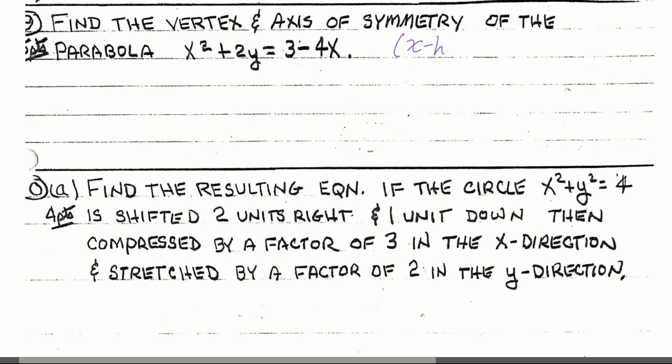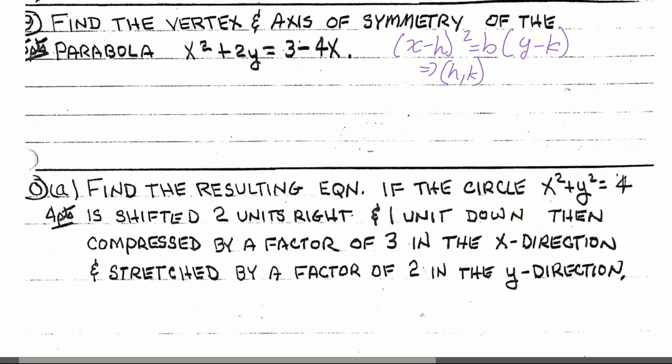x minus h squared equals some constant we can say is b times y minus k. So hk is going to be your vertex.